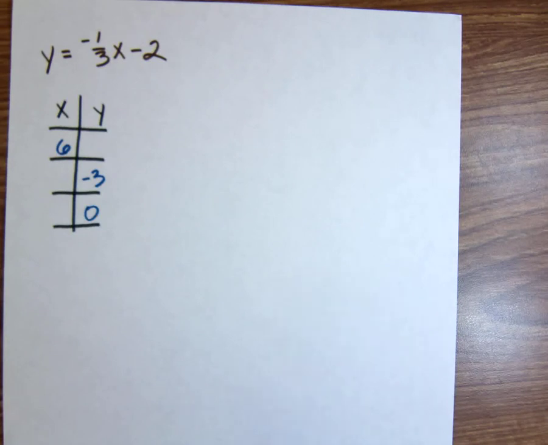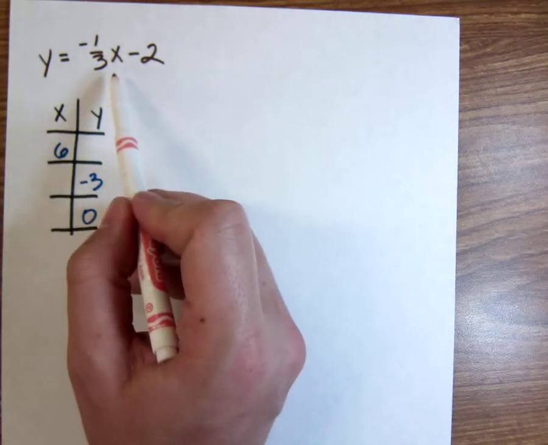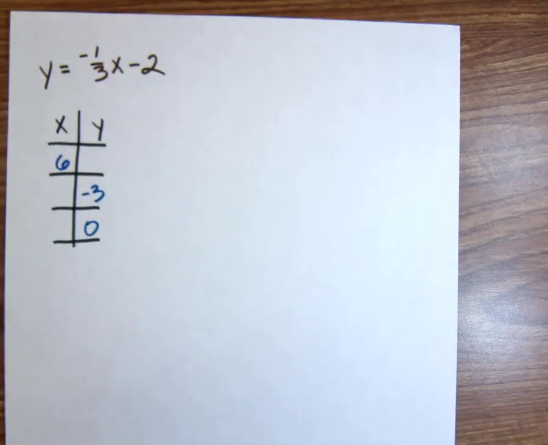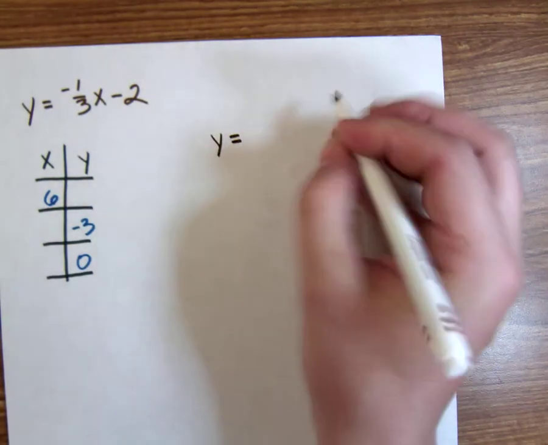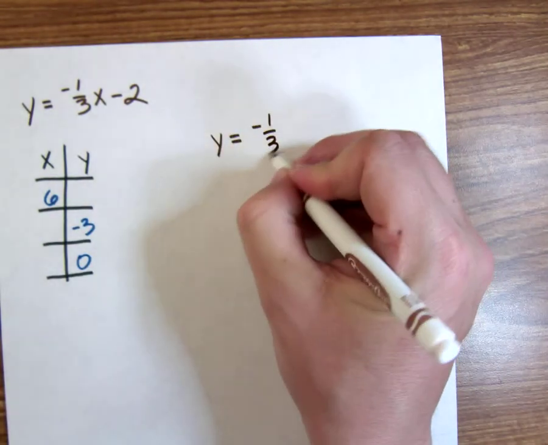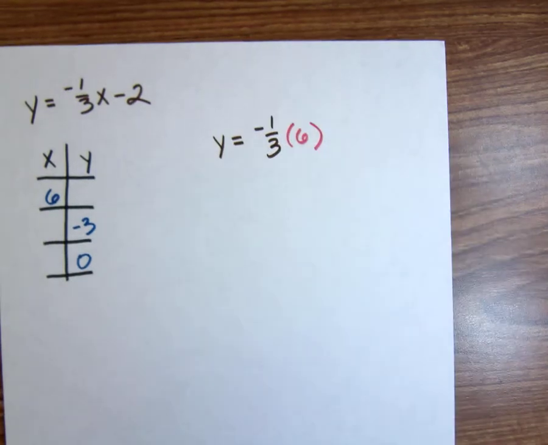Okay, so let's do the x first. X value is 6, so I'm going to take this equation and replace the x with 6. So it's going to be y equals -1/3 times 6 minus 2.